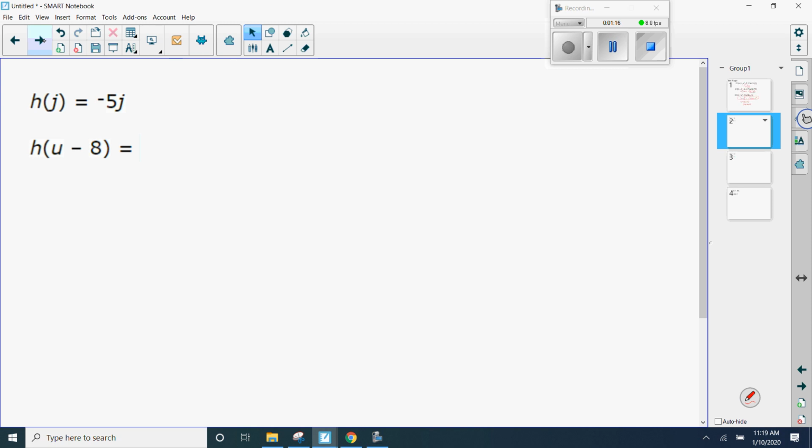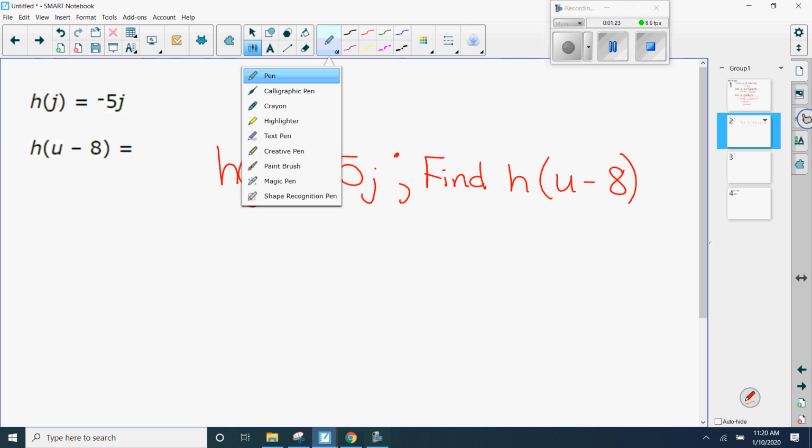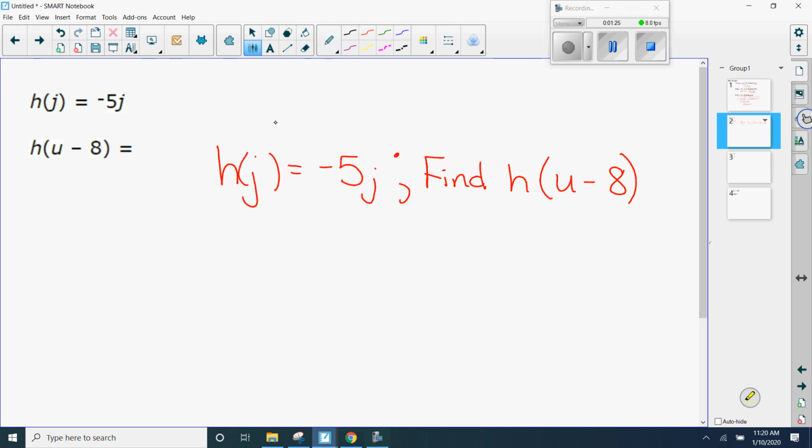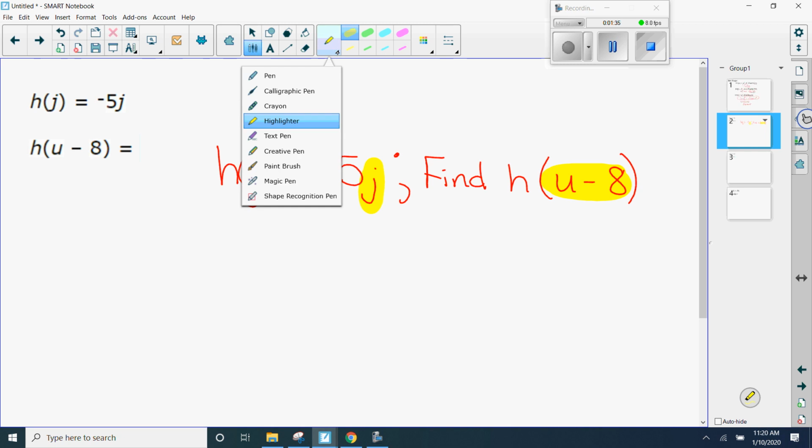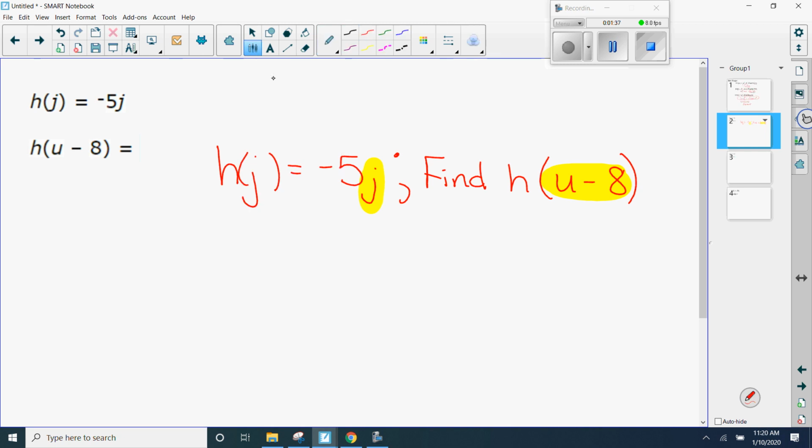I have it now where you have something besides just a number that you're going to substitute in. Remember, to solve this problem, you're going to find your variable here, which is the same as what's right there, and replace it with what's in parentheses right there. So when you do that, you're going to have -5.